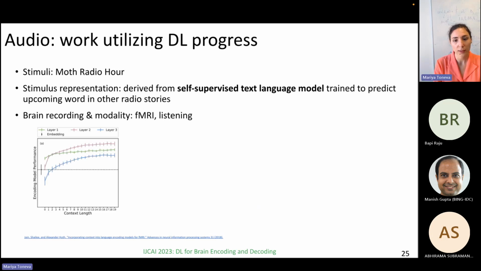And what they showed here is that they can vary the amount of context that they present to the model. So for example, they can show either 1 word or 5 words or 10 words or 15 words. And by increasing the amount of context they present to the model, they're able to predict the brain response better also. So this contextualization of the words actually helps predict the brain response better as well.